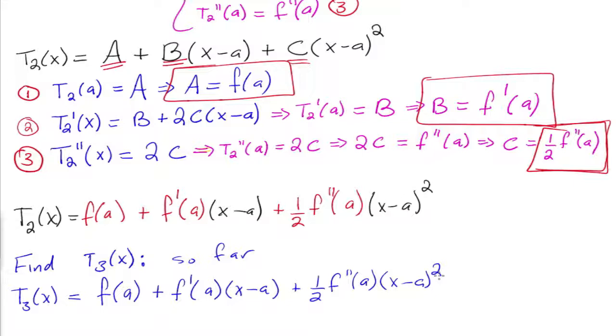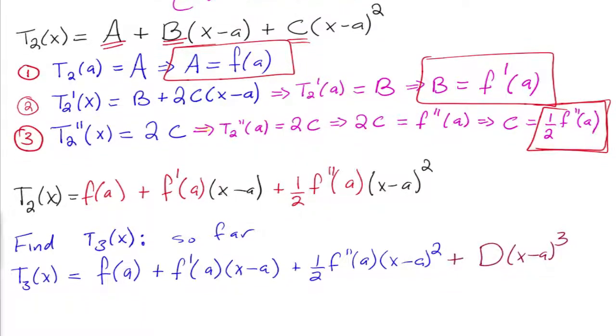But then I want one more term that has some constant d that I don't know what it is, times x minus a to the third. And I want this to be so that the third derivative at a equals the third derivative of the function at a. Does that make sense? So the same exact thing that we've been doing, just now extending it one more.